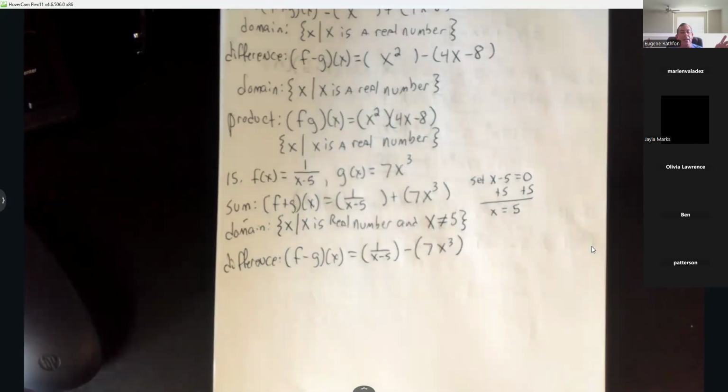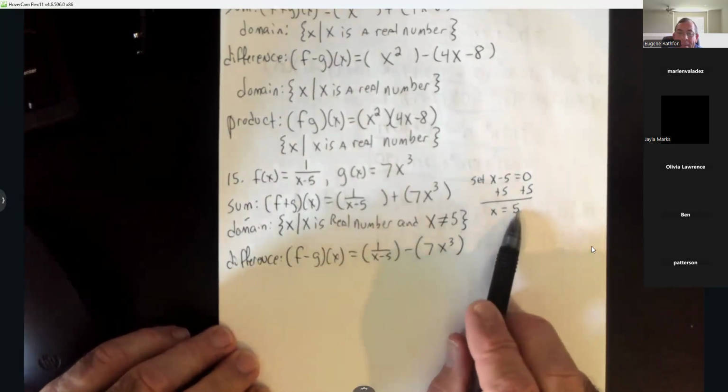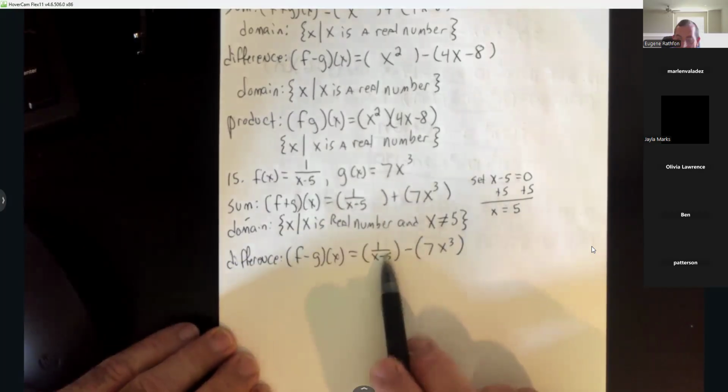So are y'all kicking any numbers out of that domain? Yeah. And look here, it's the same fraction. So we know that x cannot equal 5 on that fraction.